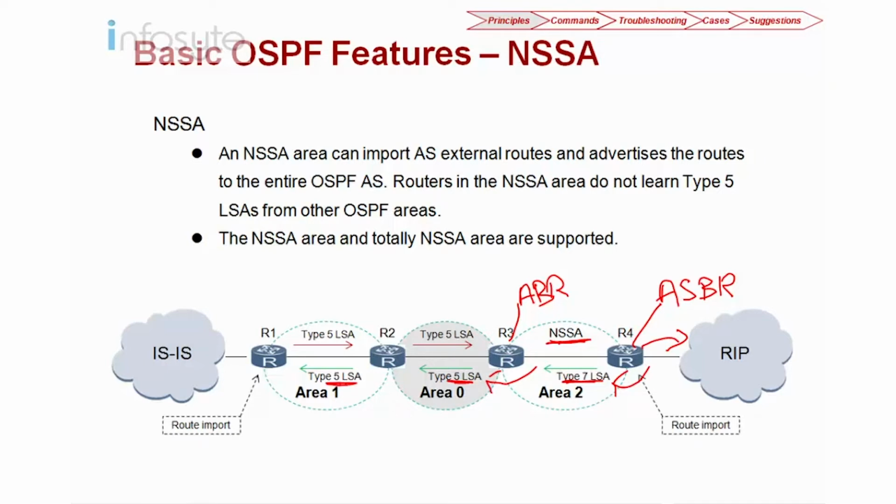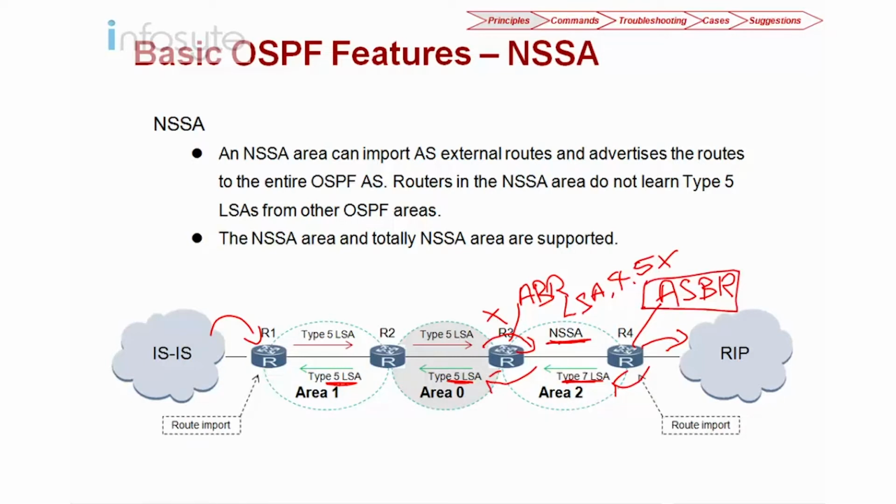But when R1 performs the import route, I have type 5 to R2, R2 will send to R3. Will R3 send the type 5 to R4? No, it will not, because NSSA filters LSA 4 and 5, which is not allowed. So it means that R3 will not convert the type 5 to become type 7. The type 5 to type 7 conversion only happens on the ASBR routers.